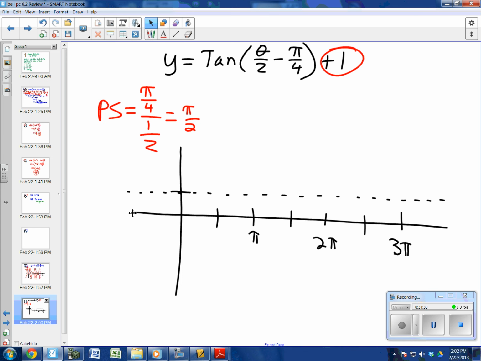And so now, this point right here, here's pi halves, is going to become the middle of my graph. Actually it's going to be up here though, right along that line.